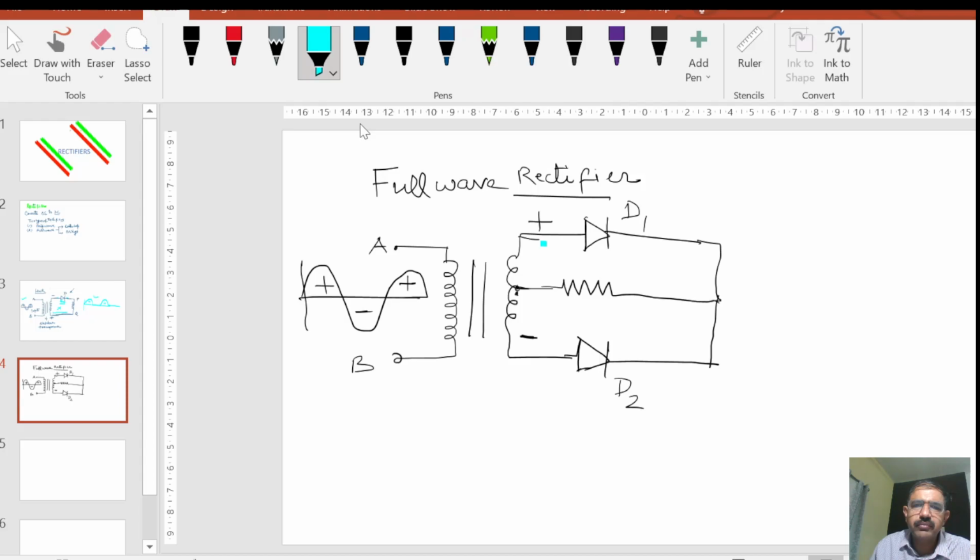Current will start from diode D1, then flow like this and go to this. This is the direction of current during the positive cycle. If this end is P and this end is Q, then current is flowing from P to Q.